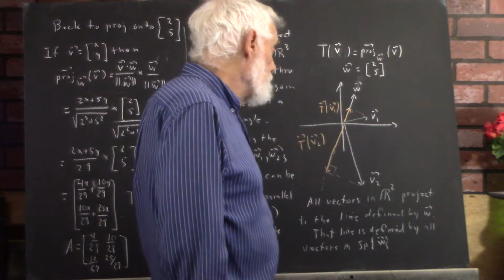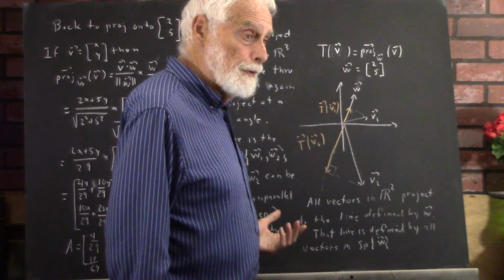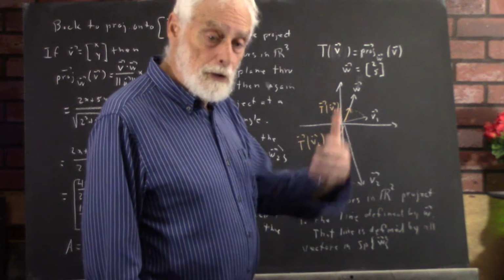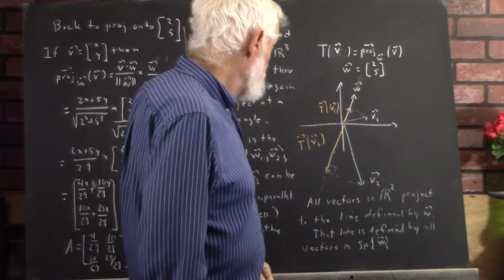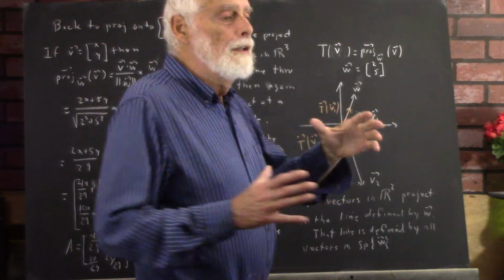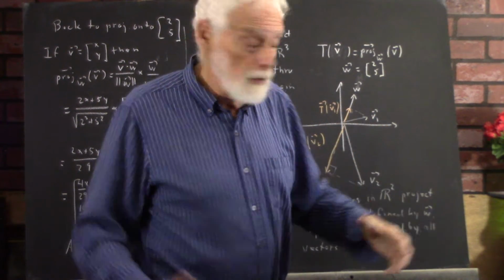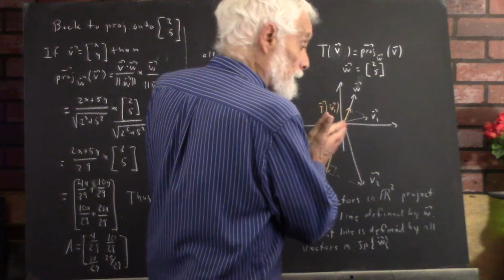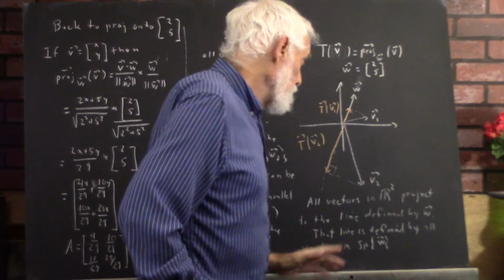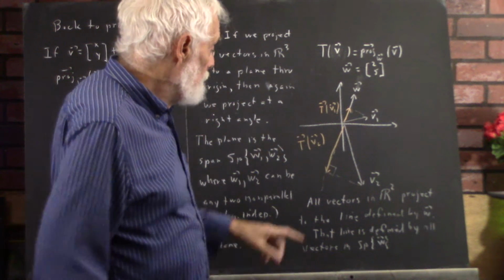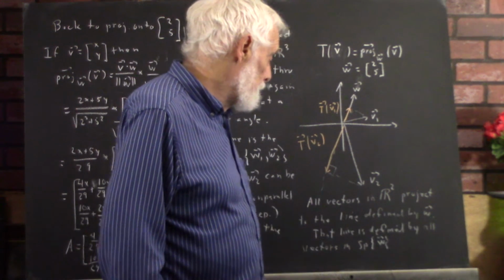It should be clear that any projection onto w is going to have to be along w. It's going to have to be along the line of w. So you're taking the whole of R2 and collapsing it down into a one-dimensional space, the space along w. So I say all vectors in R2 project to the line defined by w.